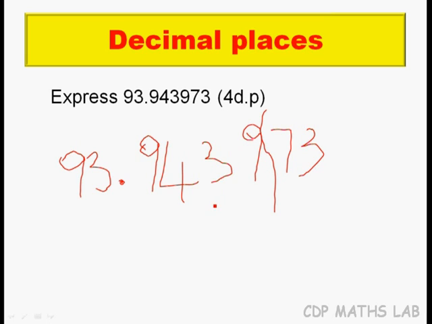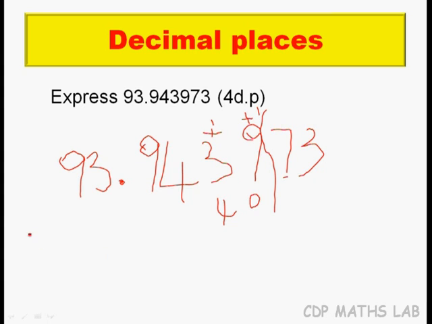So guess what now? What number comes after the 4th digit? 7. And 7 is greater than 1. So we must add 1 to the 4th digit. Now, what does that become? 9 plus 1 is 10. So we carry the 0 here. We'll add 1 to this, and it becomes what? 4.